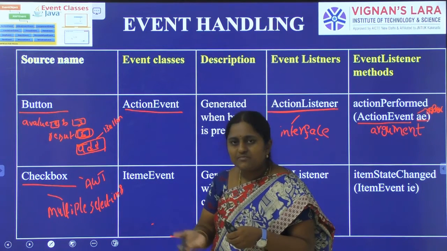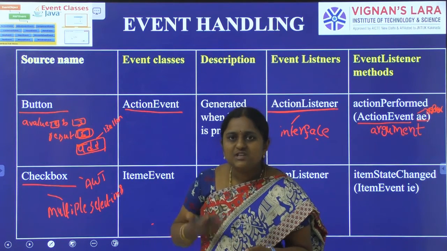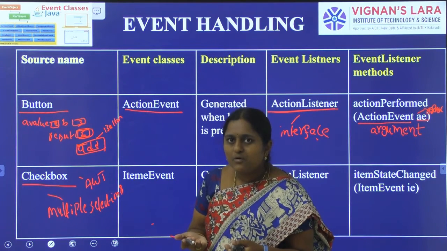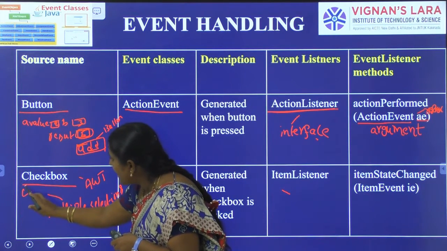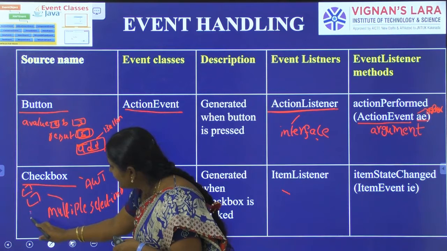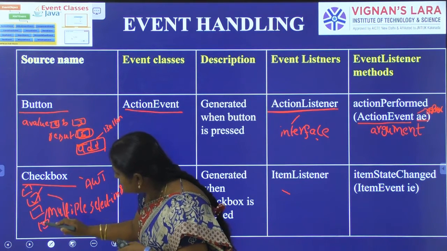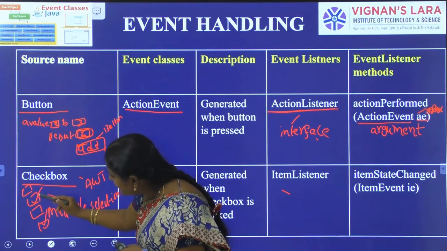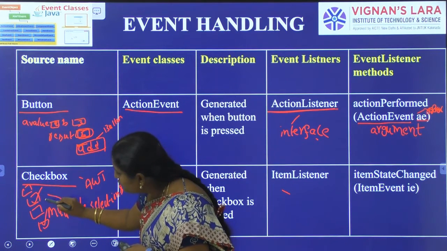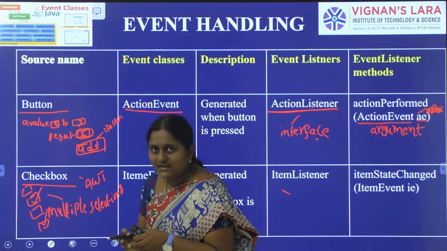Suppose you write MCQs or objective-based bits. Sometimes it will ask four options, where one bit has two answers. Suppose you click two checkboxes. Initially these four are empty. Whenever you select, only those checkboxes are selected and the remaining two are deselected.